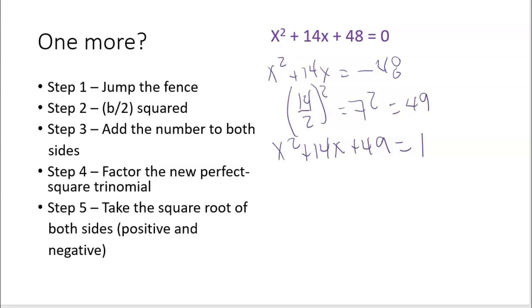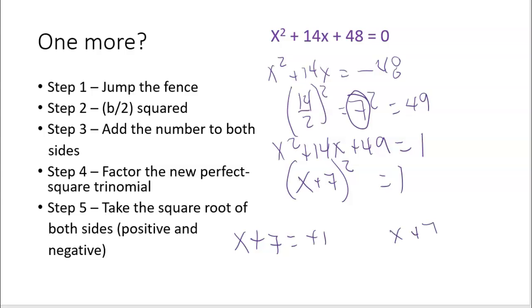Now we're going to factor this new perfect square trinomial. The number it's going to factor into is whatever you found right up there. So x, they're both positive, plus 7 squared equals 1. Now we're going to take the square root of both sides, positive and negative. So we got x plus 7 equals positive 1.